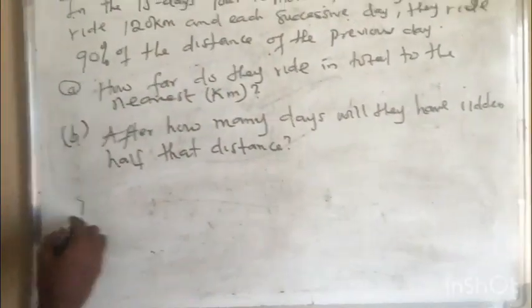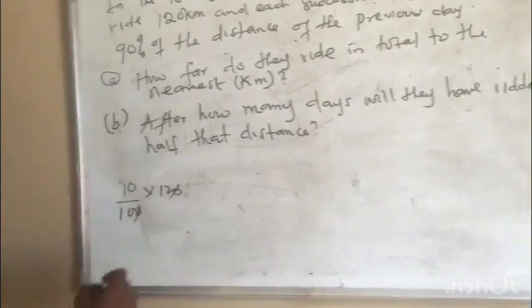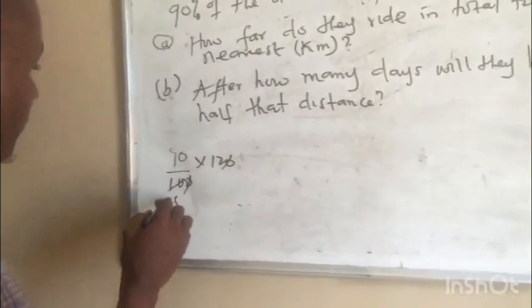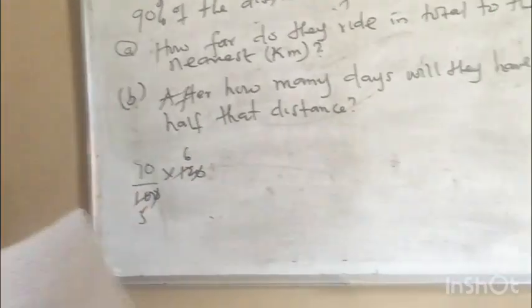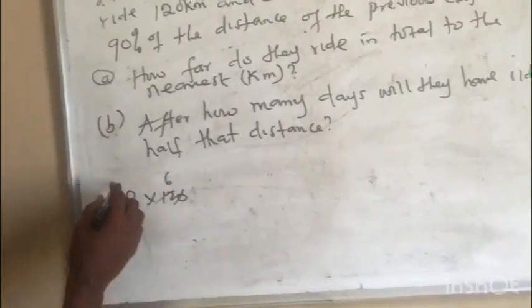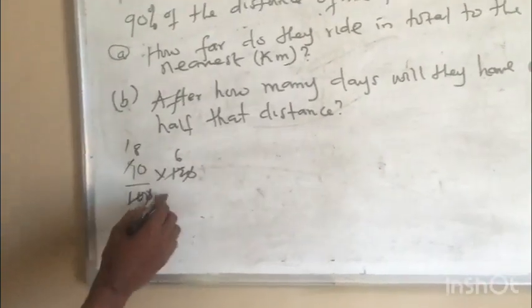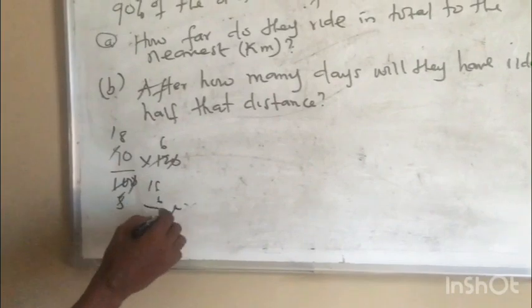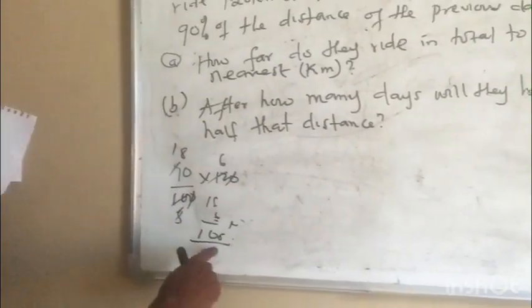If you say 90% of 120, you say 90 over 100 times 120. That's 108. So that means the third day, 90% of this.